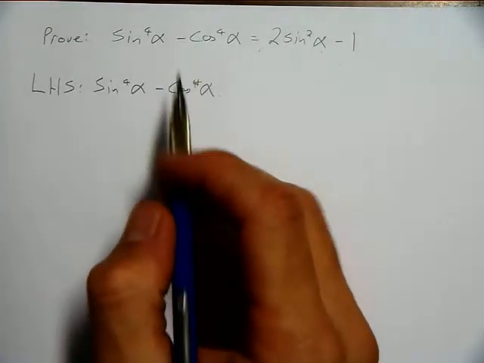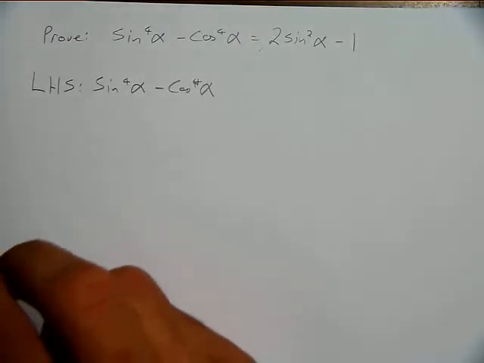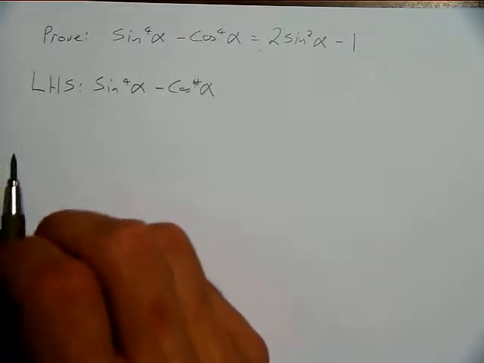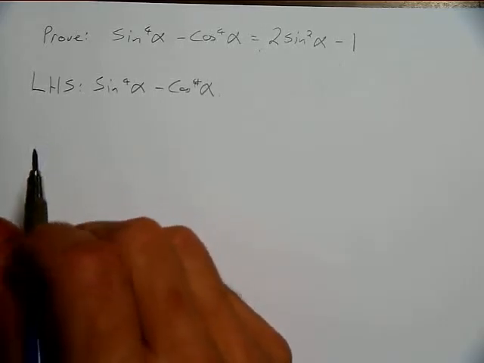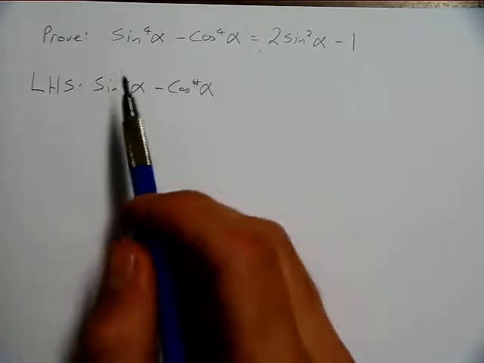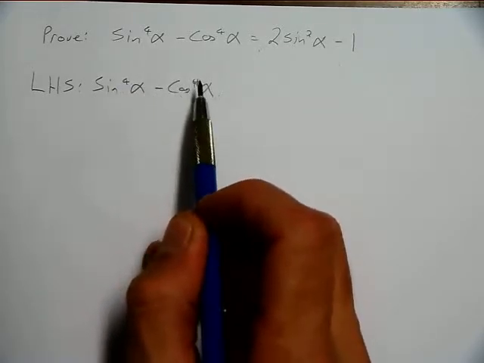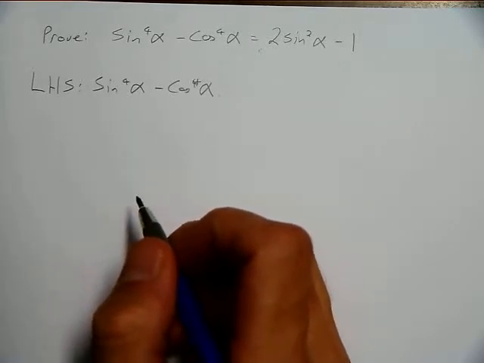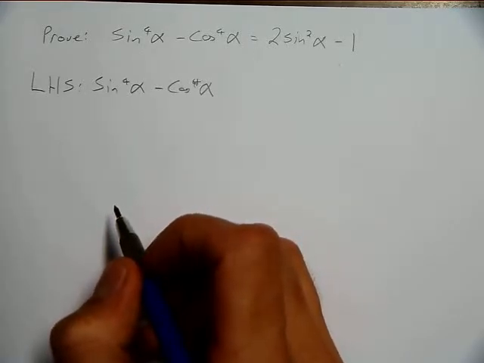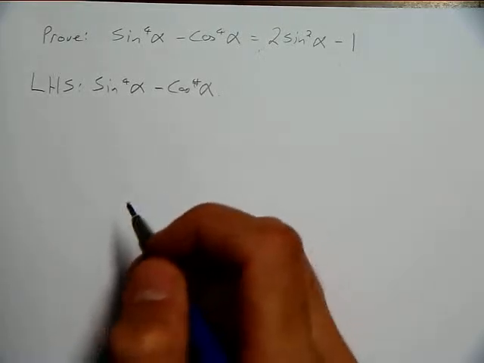So does anyone have any idea what I'm going to do with this? I'm just curious if anyone can pick up on that yet. No one? That's fair enough. It's the first one you've seen. So, okay. So I've got sine to the 4 alpha take cos to the 4 alpha. What identity does that look a little bit like? It kind of looks like my Pythagorean identity.